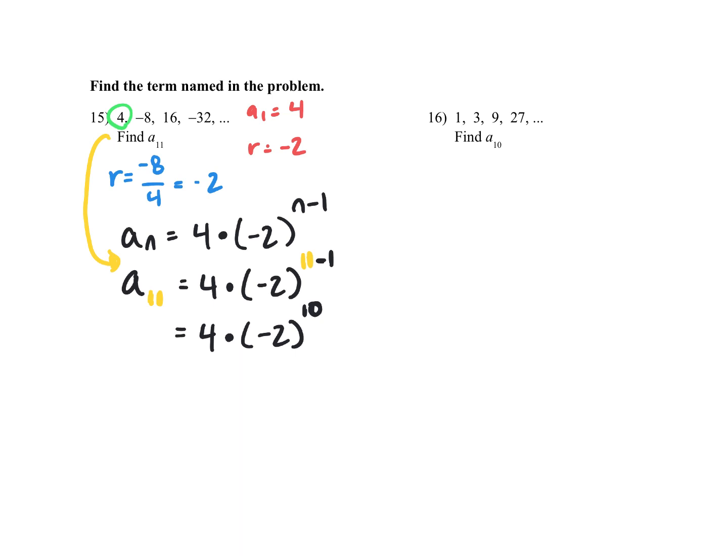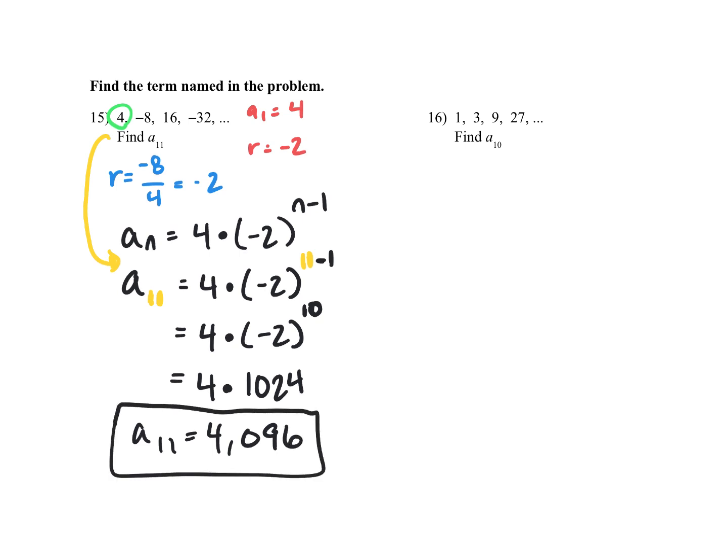And then it's just solving it like we did before. Can't do anything with the 4 yet. I use my parentheses in my calculator of negative 2 to the 10th power. So I got out 1,024, and it was positive. And then I take that times 4 and figure out that a to the 11th is really 4,096. So you can see that this process is literally just following everything that we have done on the notes.